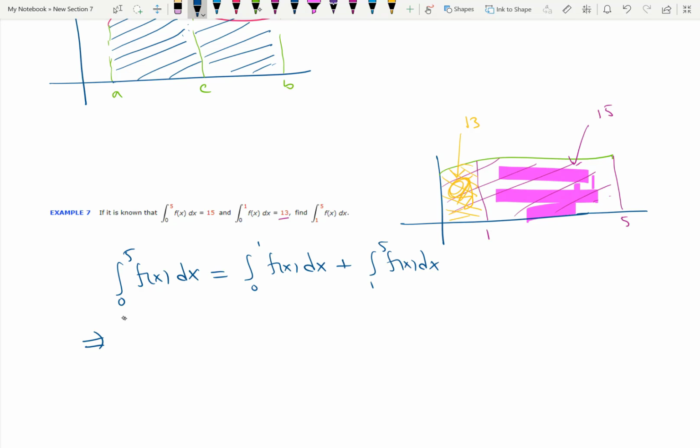So from 0 to 5, its area is given 15, from 0 to 1 it's 13, plus 1 to 5, we need to find this one. So 15 minus 13 is 2. So from 1 to 5, f of x dx is 2. So this part area would be 2. Even from the graph, it is clear that if the whole area is 15 and one part is 13, then the other part would be 2.